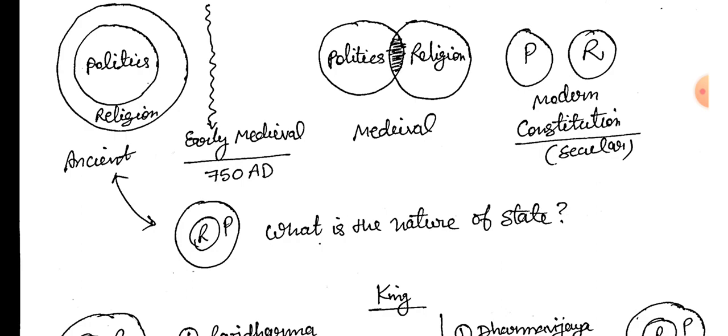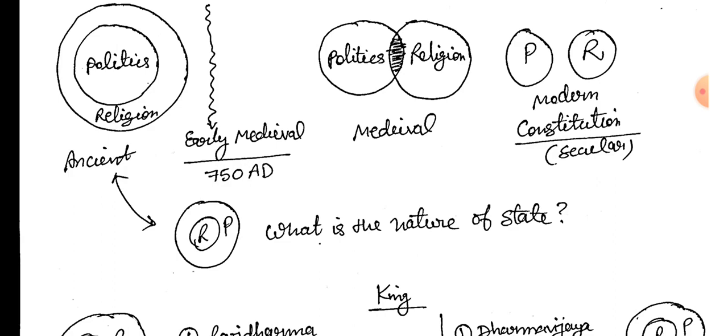So these are the differences between the western form of secularism and the Indian form of secularism. In the modern period, in the Indian form of secularism, the state can promote any religion for its welfare, under Article 25 of the constitution.